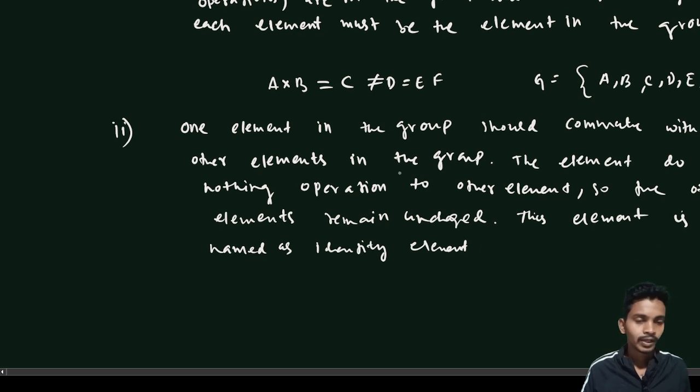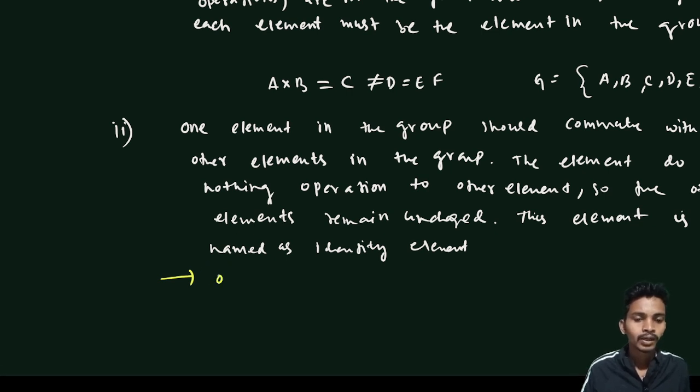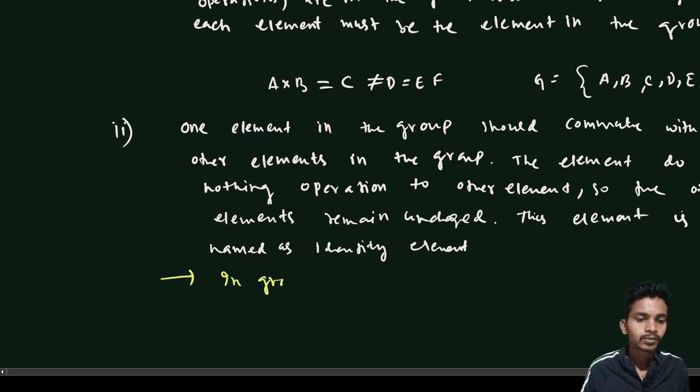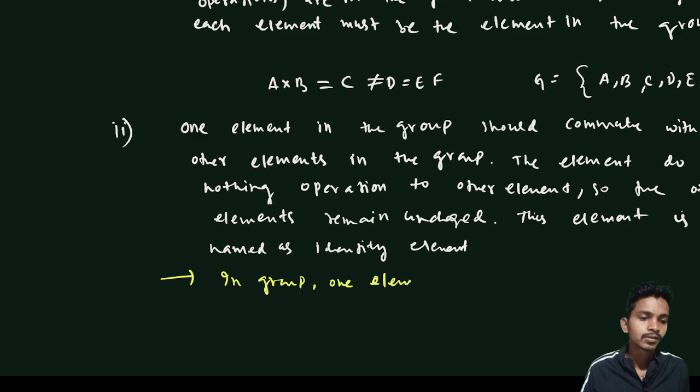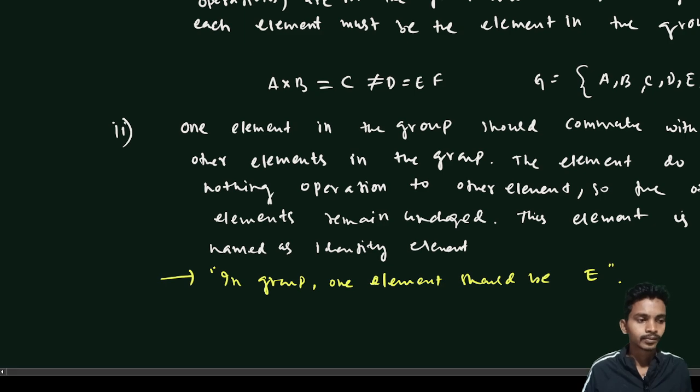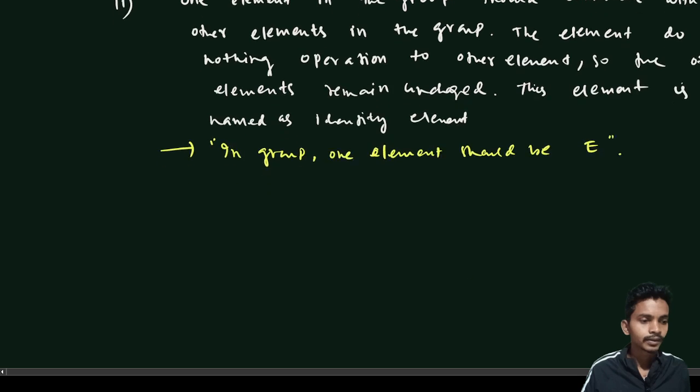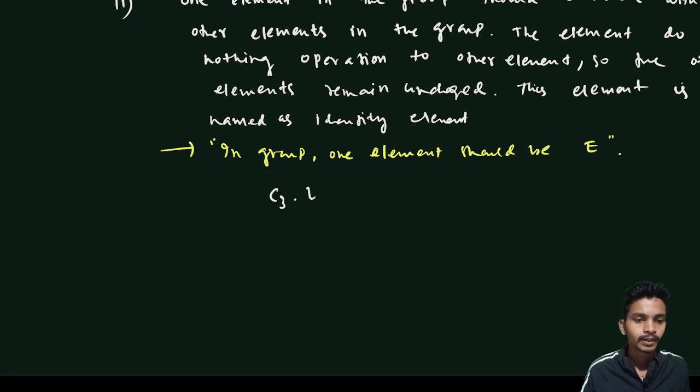So if I say in one word, all groups should have one operation or one element that is E. That means whenever you apply E to any C3, it again comes to be C3, meaning this remains unchanged.